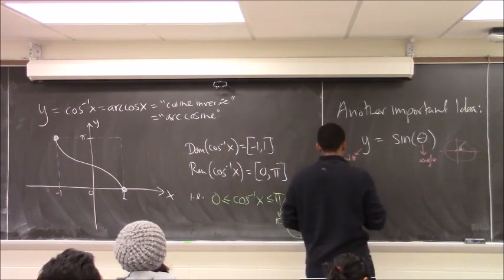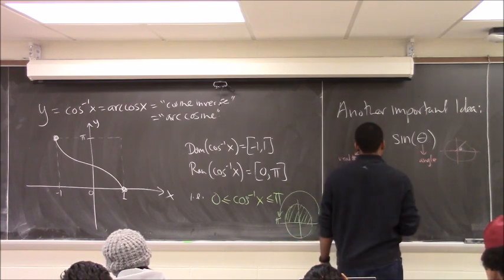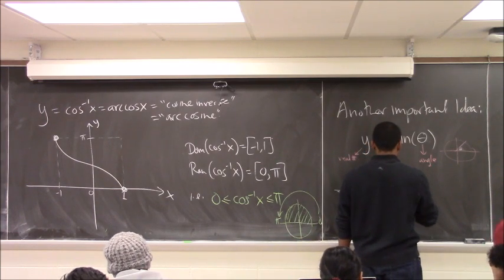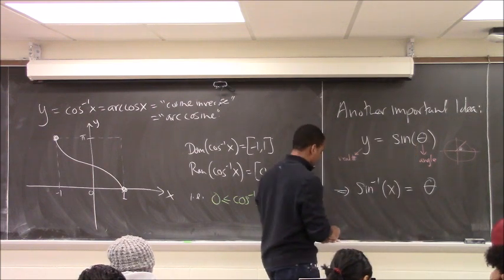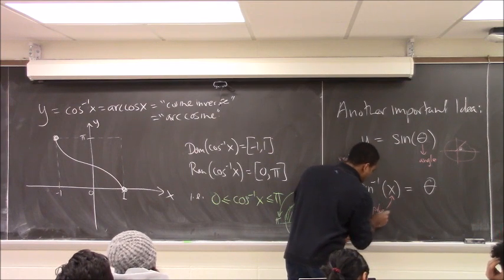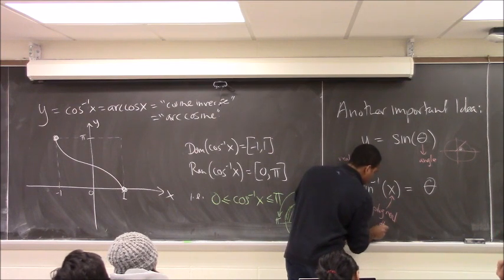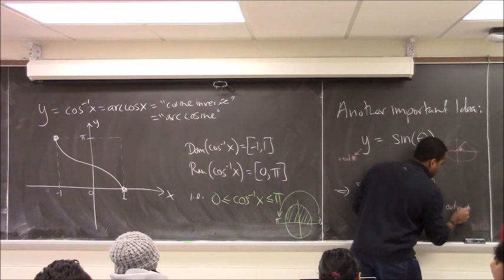So this basically means that if you're looking at the sine inverse of something, the result itself is going to be an angle. So you can plug numbers in here, and the output will be an angle.